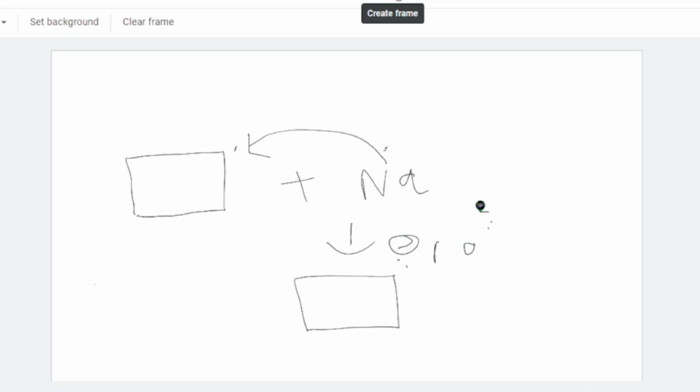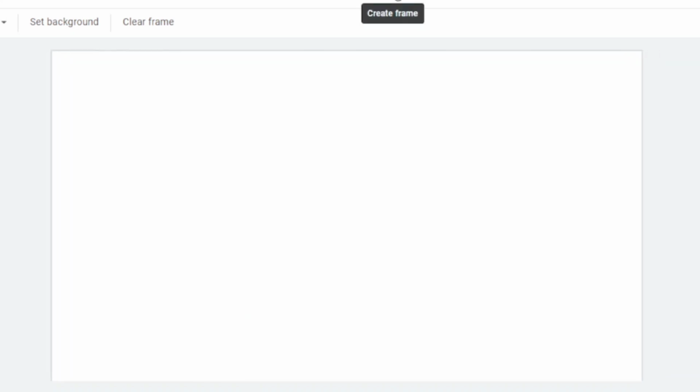So don't consider this Na plus. This minus or these two electrons will attack on this. Here you can see there is chlorine, here also chlorine. So chlorine is the leaving group. So this electron will connect with this carbon, chlorine will be removed and you will get such type of product. Okay.